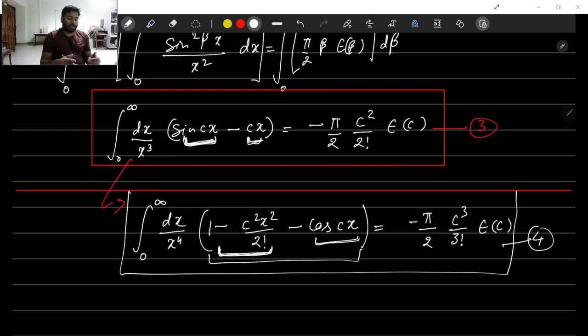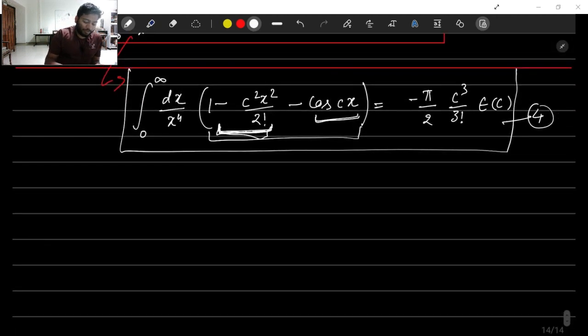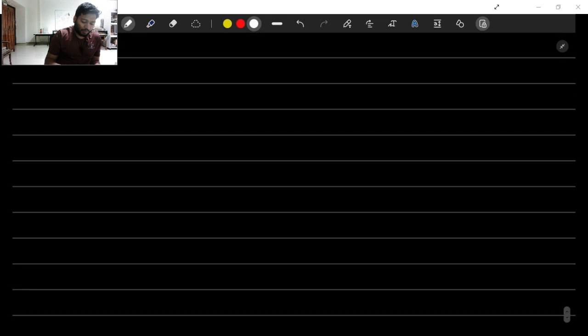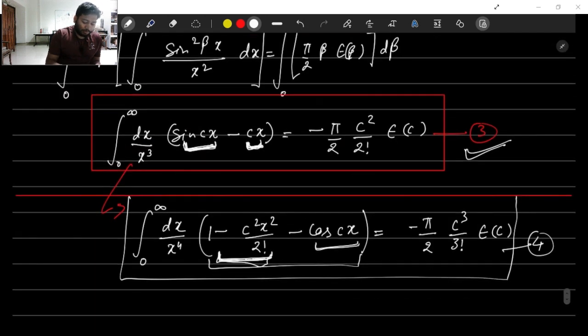So if you keep on integrating with respect to this constant parameter, you are going to get sine and cosine integrations, and those integrands will be subtracted by the first few terms of the sine and cosine series respectively. In this way I am going to generalize this pattern for the nth integration.